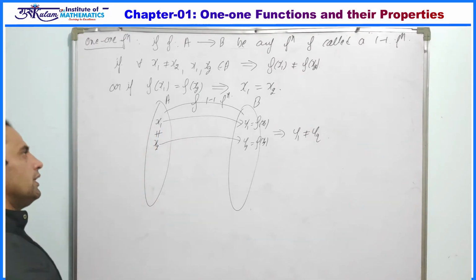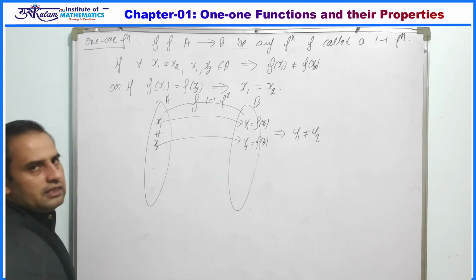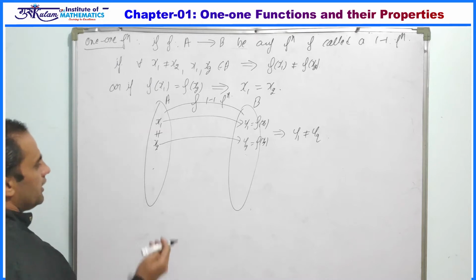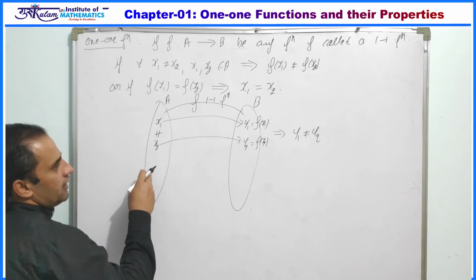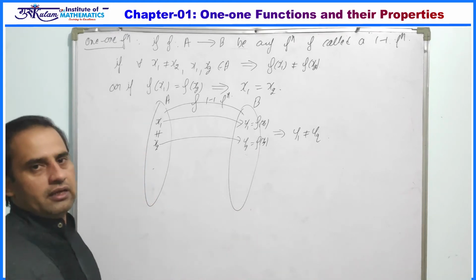That is, corresponding to distinct elements in A there are distinct images in B, or we can say that the number of elements in A is the same as the number of elements in the range of A.